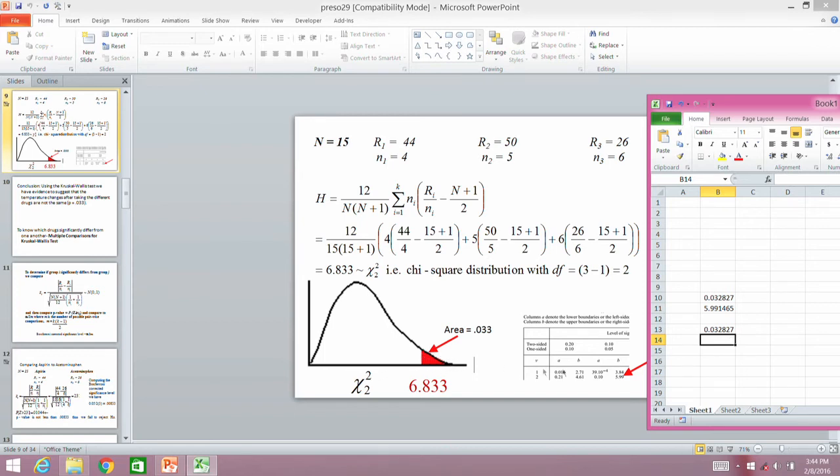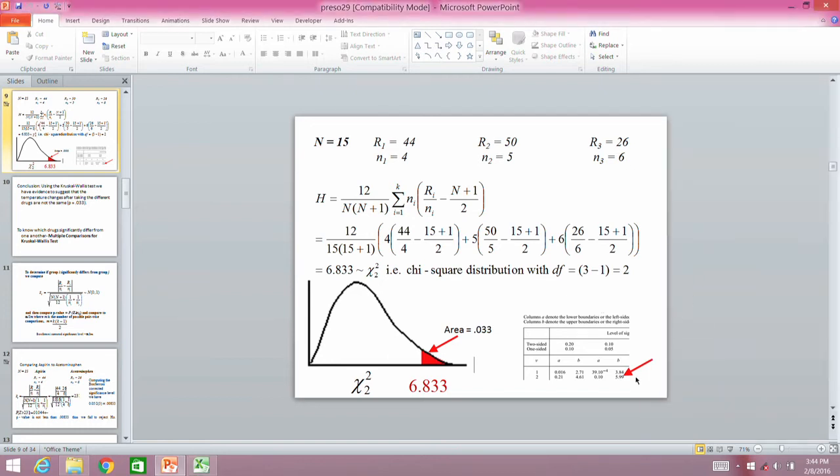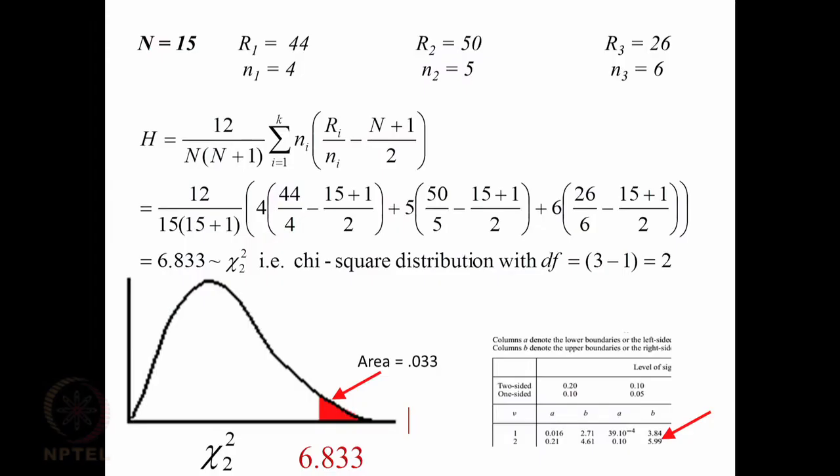So, we can use either the command CHIDIST from Excel to get the probability value, or we can use this table for 0.05 one sided, 2 degrees of freedom, 5.99, and you can say the calculated statistic is larger than 5.99. So we reject the null hypothesis.